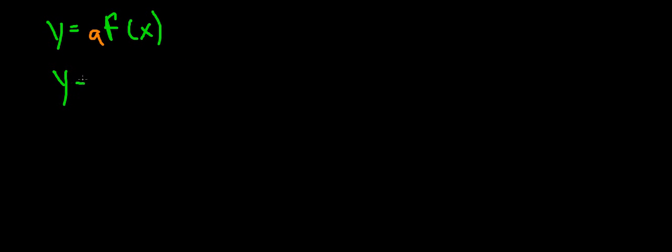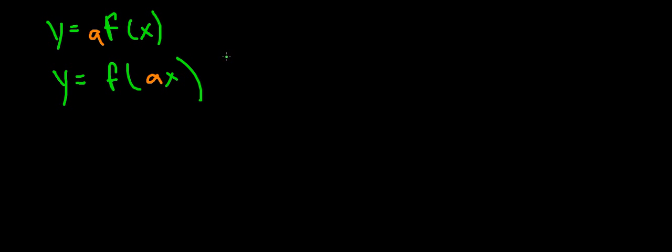When we have horizontal stretching and compression, we have our x values being multiplied by some number a. And the key difference here is that in one place we have a number being multiplied by our base function, and here we have our x being multiplied by an a.